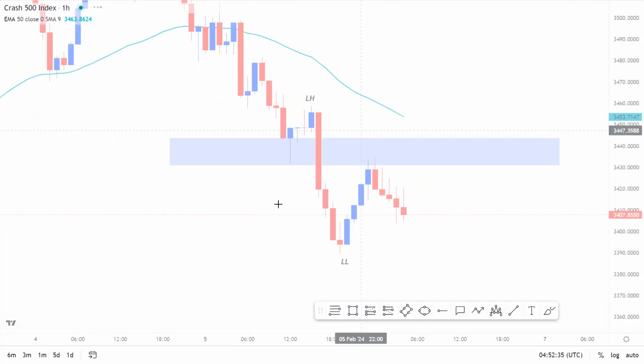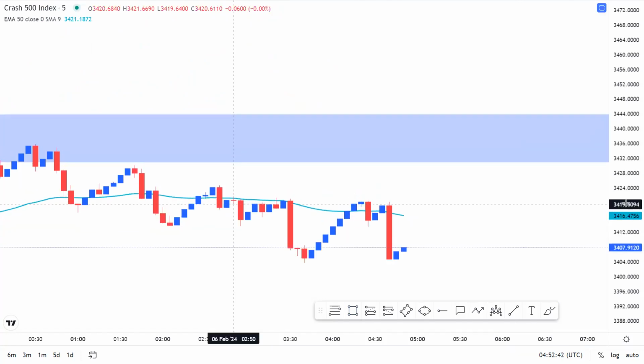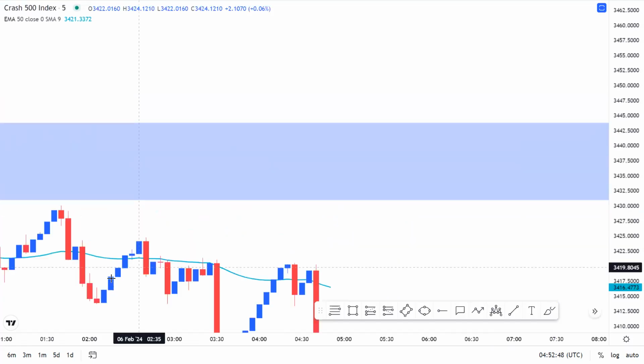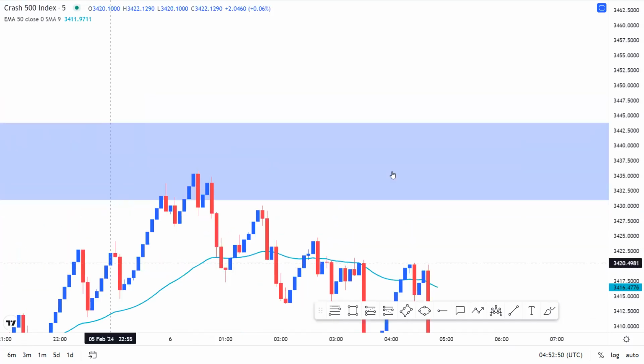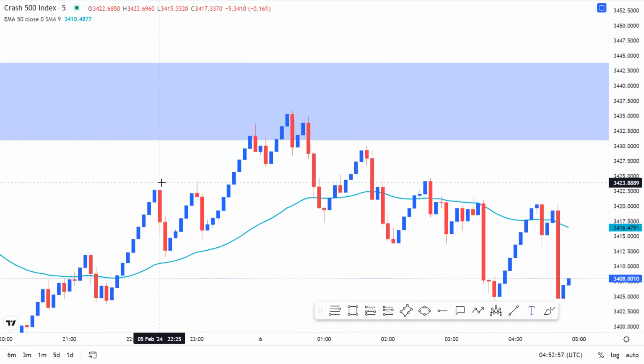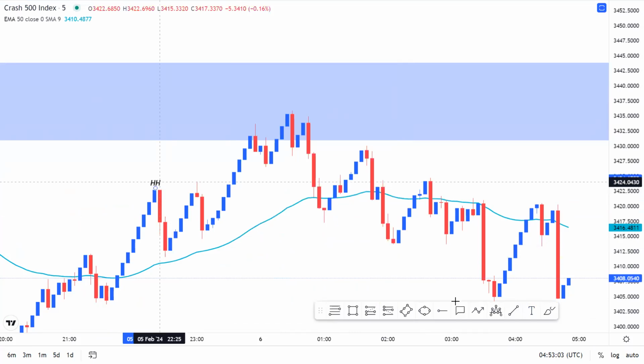Now moving down to the 5 minutes time frame or the 15 minutes time frame, all I need to do is look for a structure shift in line with the hourly time frame trend bias. Now moving down to the 5 minutes time frame, what I noticed clearly was price printing us higher highs and higher lows, making the 5 minutes time frame bullish.